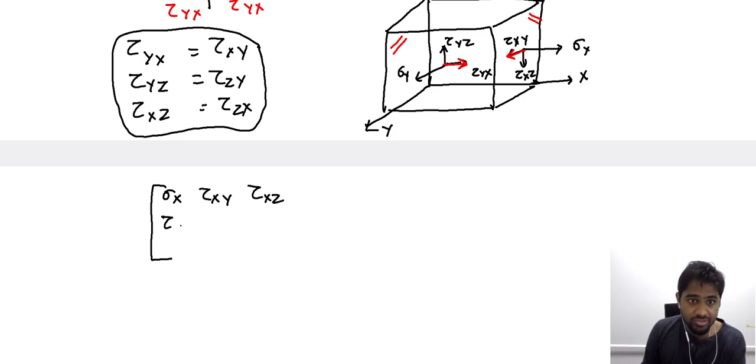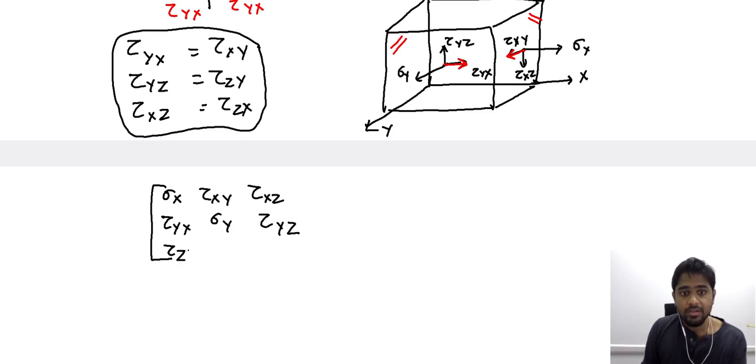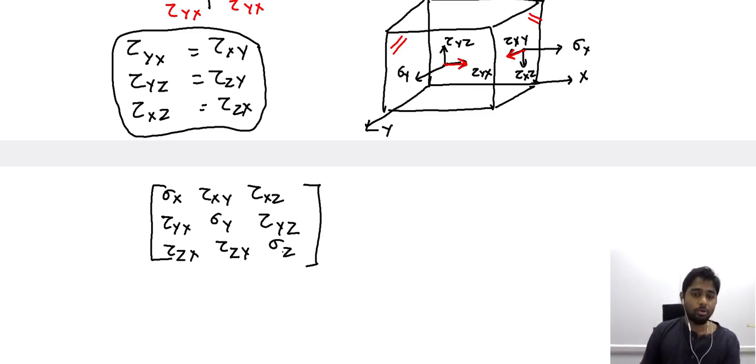Then we have the shear stress acting along the y-axis in the x direction, the normal stress along the y-axis, then the shear stress acting along the y-axis in the z direction, and the shear stress acting on the z plane in the x direction, the shear stress acting on the z plane in the y direction, and the normal stress, the particular component of the normal stress.